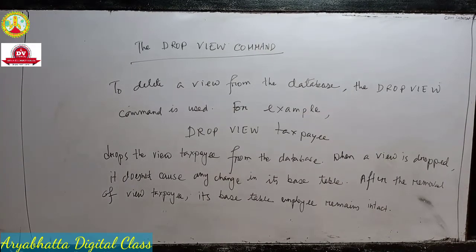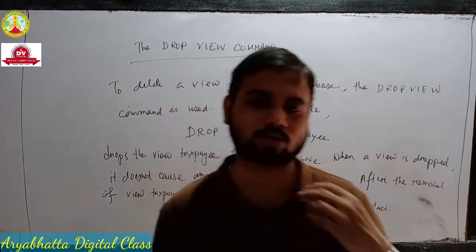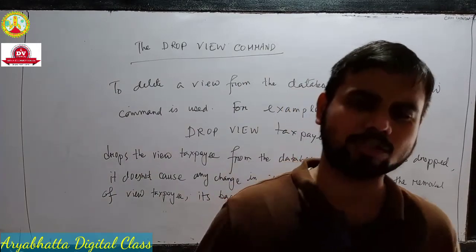For example, drop view tax pay drops the view tax pay from the database. View means partial table. Suppose there is an existing base table employee, and we need an extra partial table tax pay for the employee.